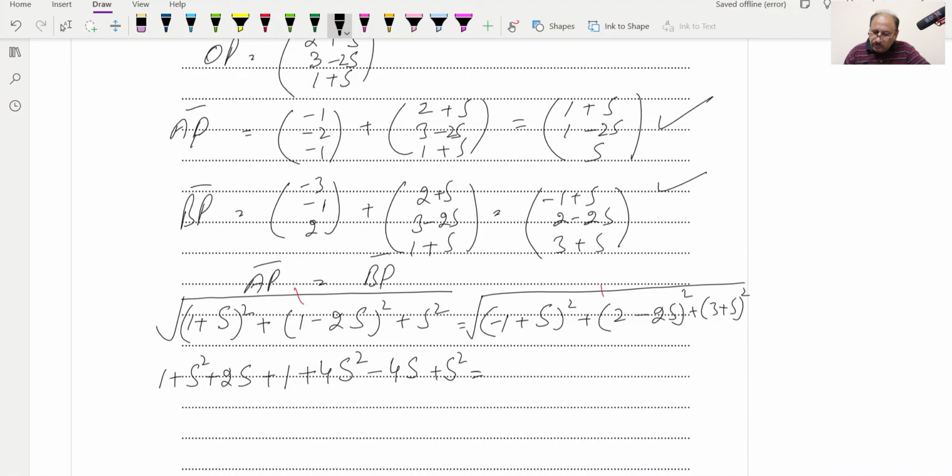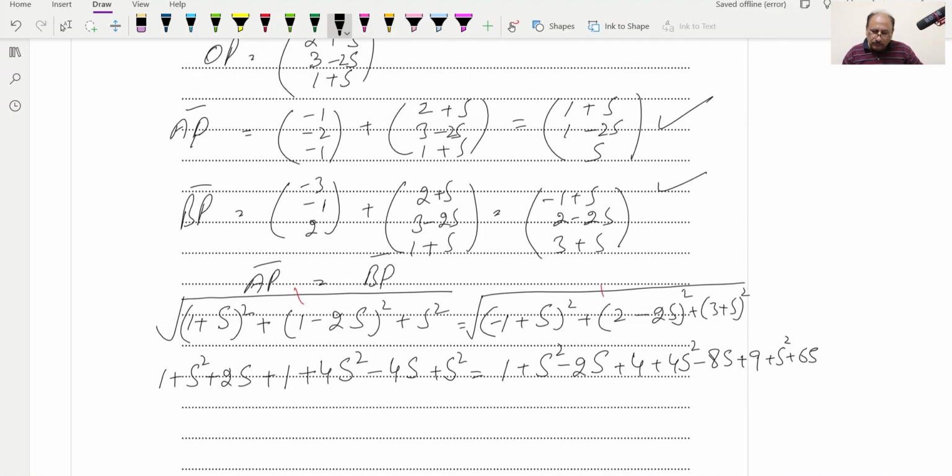On this side we open the bracket: minus 1 squared will be 1, plus s squared and minus 2s, plus 4 plus 4s squared and minus 2 into 2 into 2, 8s, not 8s squared, 8s only, and plus 9 plus s squared and plus 6s.